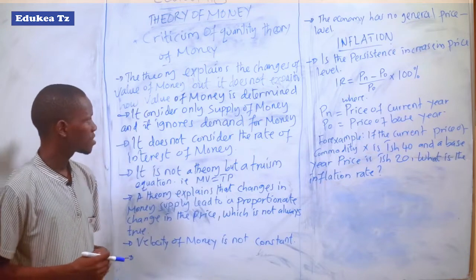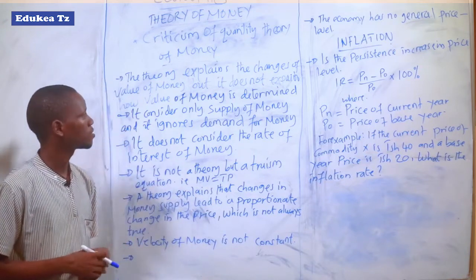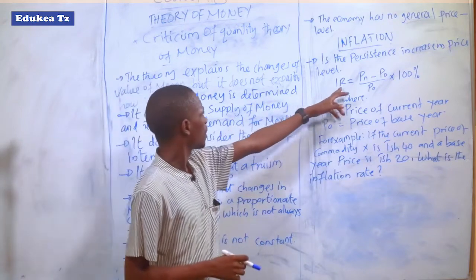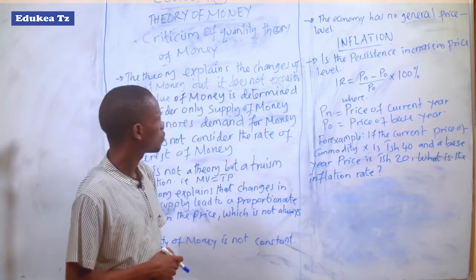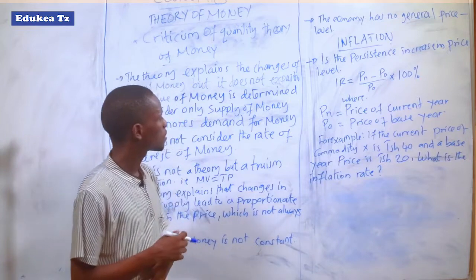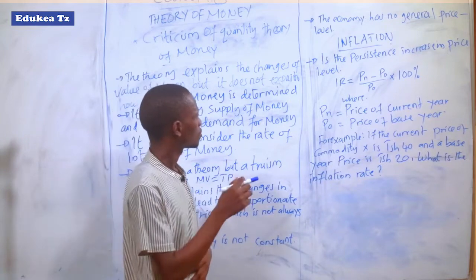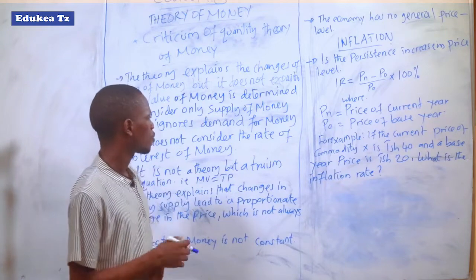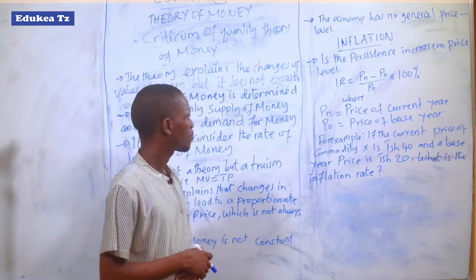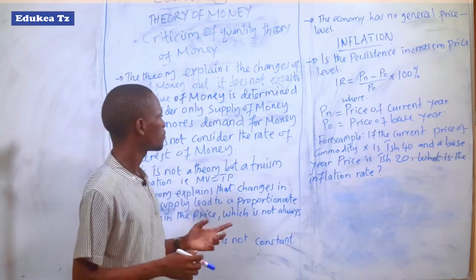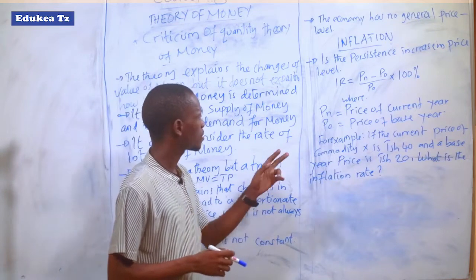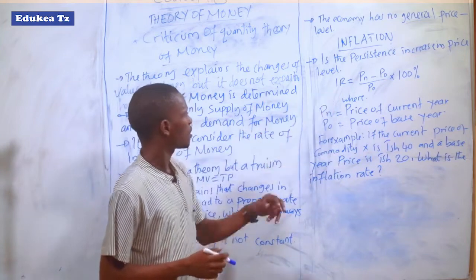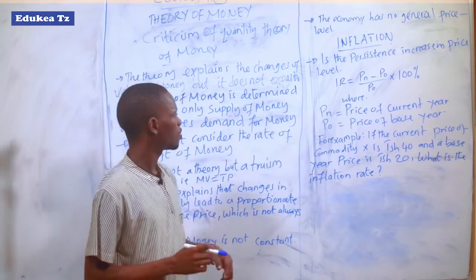So there is a formula to calculate inflation, where IR equals PN minus PO, then we divide by PO times 100%, where PN stands for price of current year and PO stands for price of base year. IR stands for inflation rate.